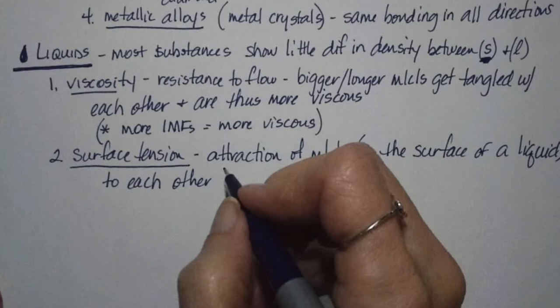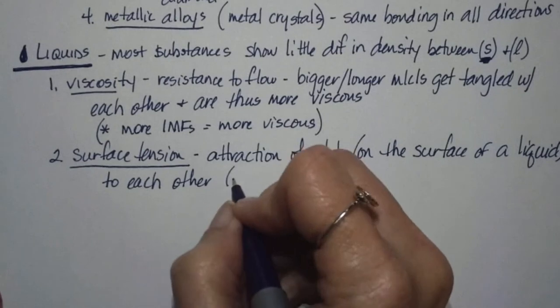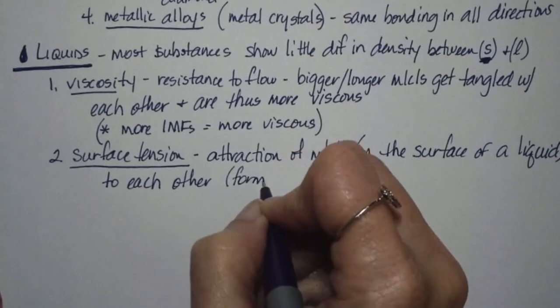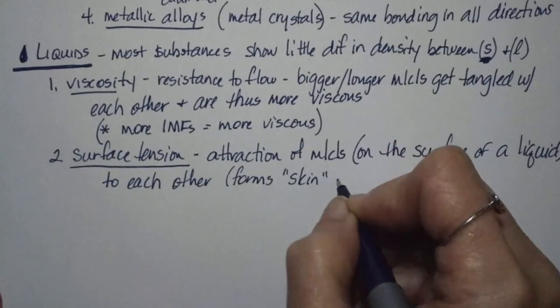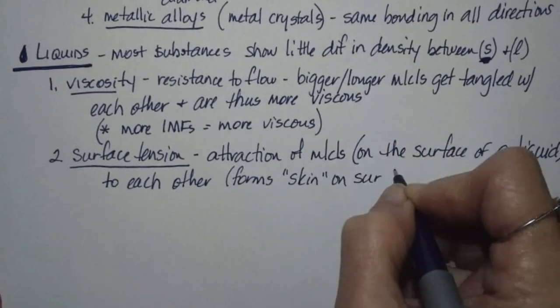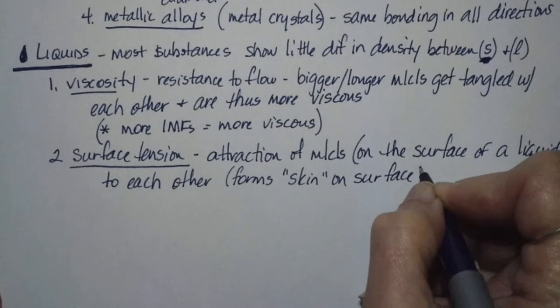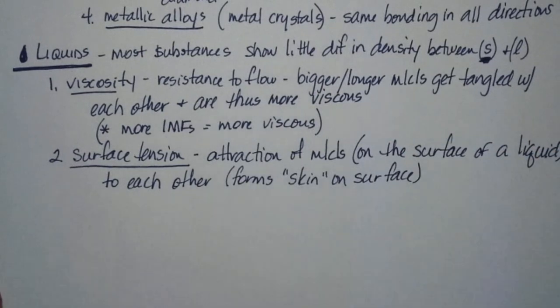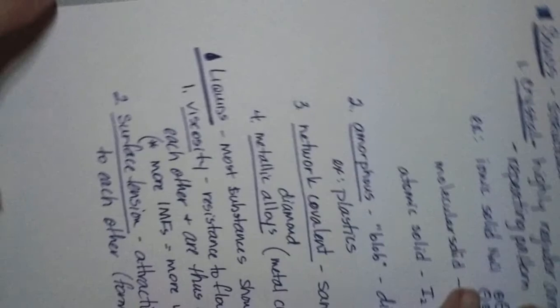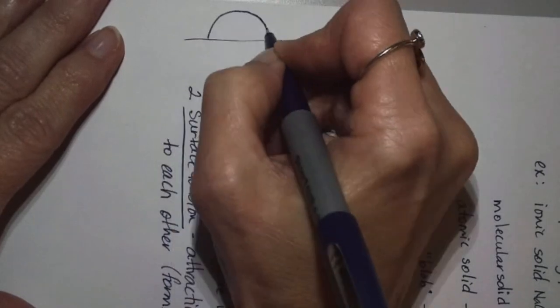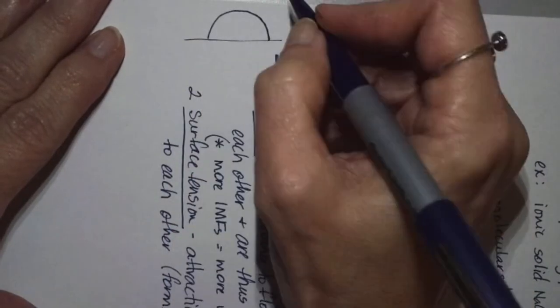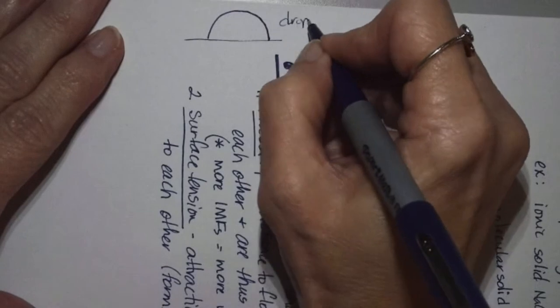Okay, so I'm going to turn this paper sideways a second here. So here is a drop of water. Okay, there's a drop of water. And you guys know it beads up. When you put water on something, it beads up. That's crazy that it's so attracted to each other. So water molecules are attracted to each other, attracted to the ones below it, right?